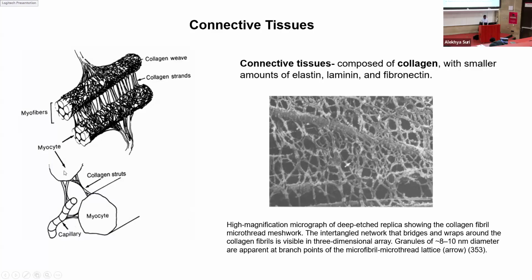And some of the collagens connect the cardiac myocytes together, and also hold the capillaries in place. So the collagen provides structural integrity to the cardiac muscle by keeping all the cardiac myocytes together and is involved in the coordinated contraction of the cardiac muscle.